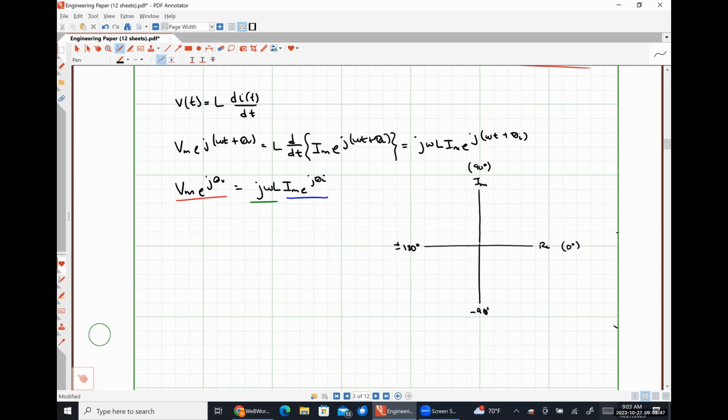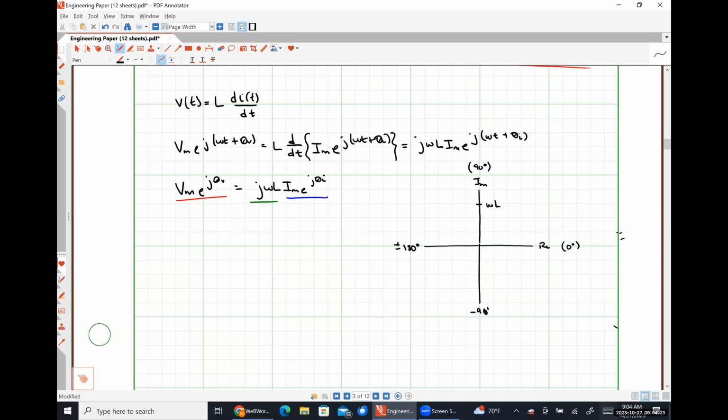Where is j omega L going to lie on this complex plane? Somewhere up here, right? There is no real part to this complex number. It's only positive and imaginary. So we would have something that is omega L units in the positive imaginary direction. So j omega L is just omega L with a phase angle of positive 90 degrees.